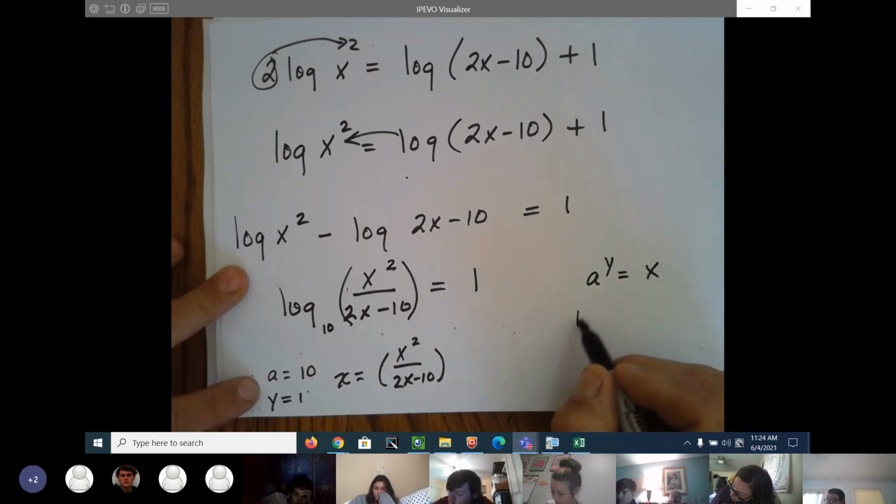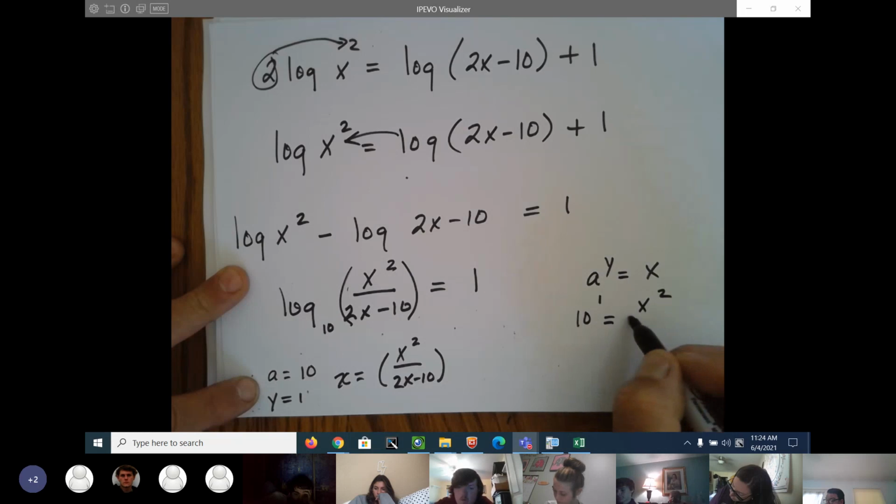So 10 to the first is equal to x squared over 2x minus 10.